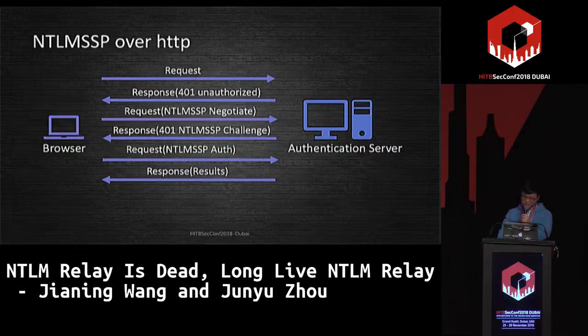After the server receives the type 3 message, it will use the same algorithm to calculate a hash. The server will compare the hashes, and if they are the same, NTLM authentication will complete and the resource is returned.